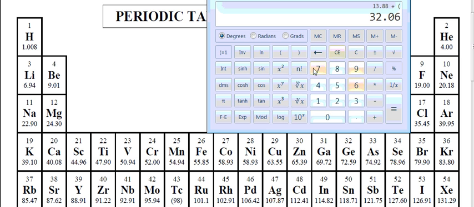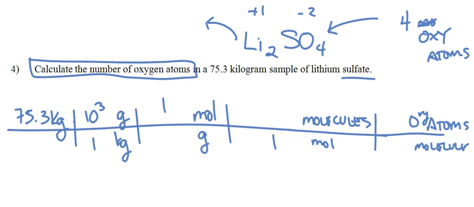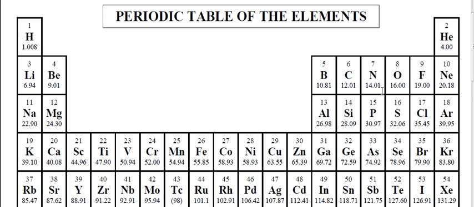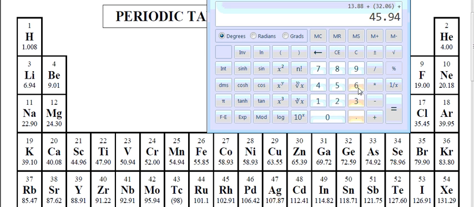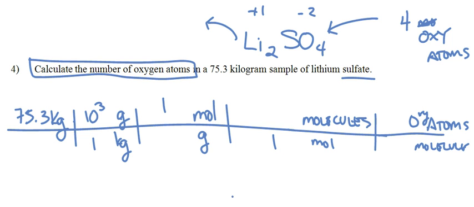Plus, how many oxygens do we have in this compound? We have 4. And again, oxygen 16 grams per mole. So plus, let's use parentheses, 4 times 16. And that gives us a molar mass of 109.94. All right. So that's our molar mass for lithium sulfate.